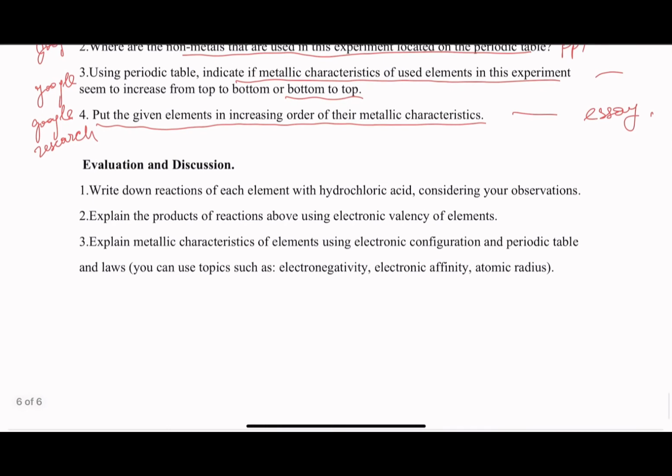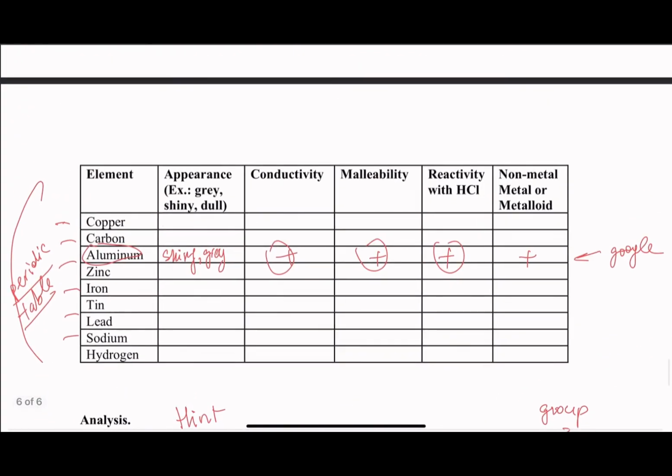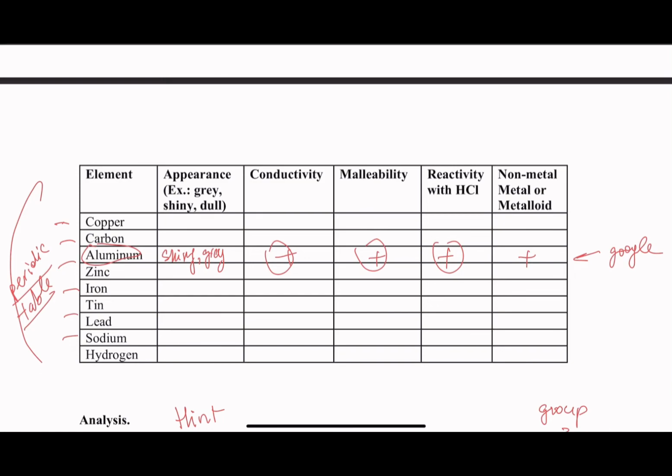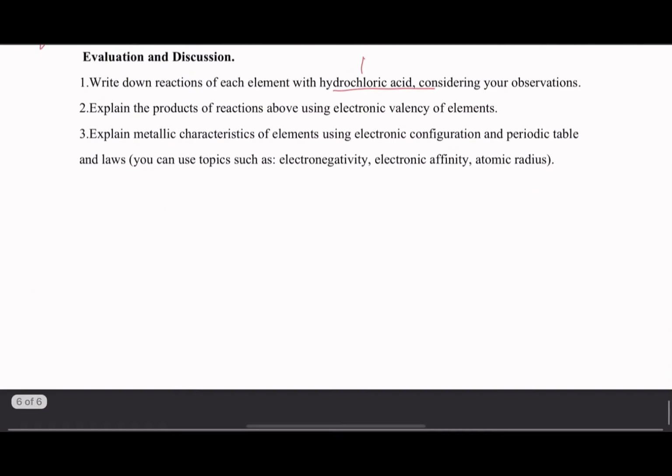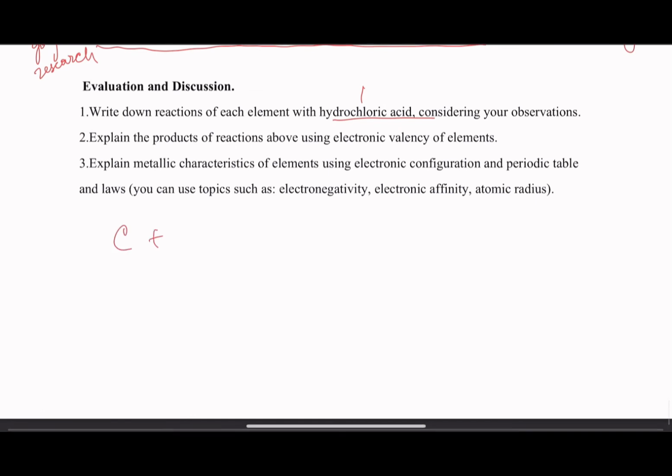And then evaluation and discussion. Write down reactions of each element with hydrochloric acid. So hydrochloric acid. You guys remember which one was positive, which one was negative. For example, carbon, we know that it didn't react. So you write in here carbon plus hydrochloric acid and then no reaction. But we had aluminum with hydrochloric acid.